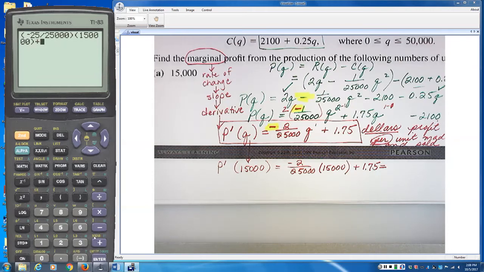And then finally add your 1.75. Did I leave out a sign? I'm going to have to start using the keyboard up here instead of the mouse because it picks up extra keys.